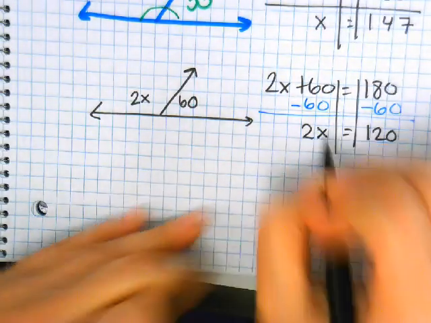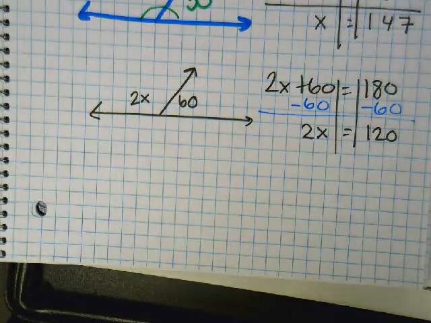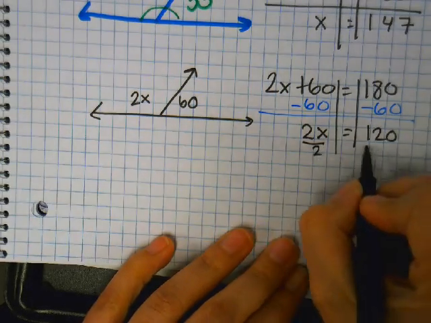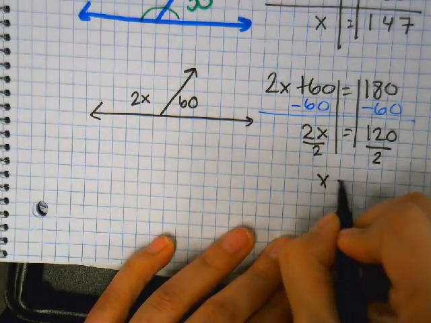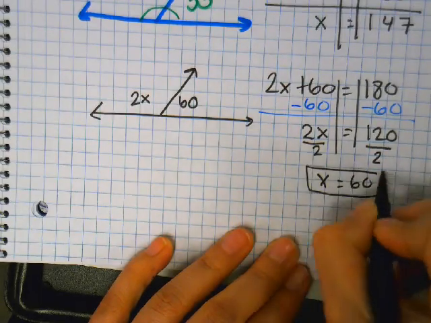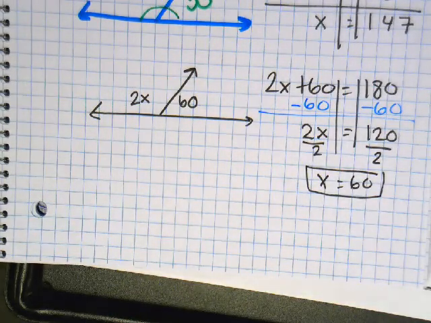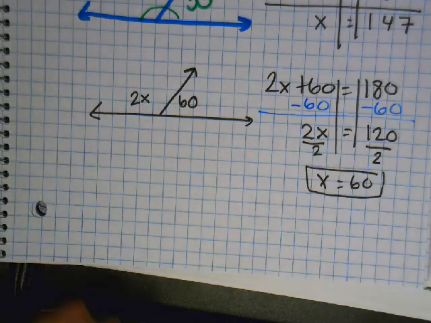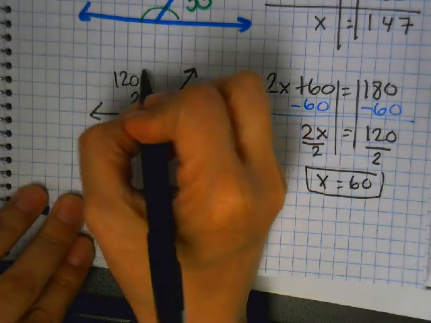Just 2x, right? Yes, I have to divide by 2. X equals 60. Now, does the angle measure 60? No. Does anybody know what the angle measures? Multiplication. 2 times 60, which is 120. So the measurement of the angle is 120 degrees.